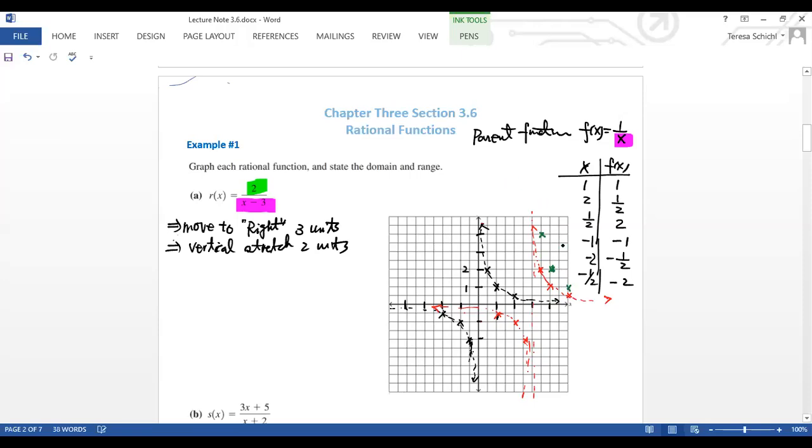All right, so this is the asymptote still here, right? So this is my final graph. That's why I use the solid lines here. The same way here, this point is -1 times 2, which will be -2 here. This is -1/2 times 2, which will be -1. This is -2 times 2, which will be -4, right?